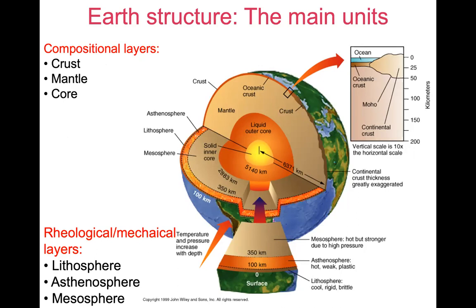Litho means the rocky part, because the crust itself is made of rocks, and the most upper part of the mantle is also sort of solid. Therefore we call that litho.